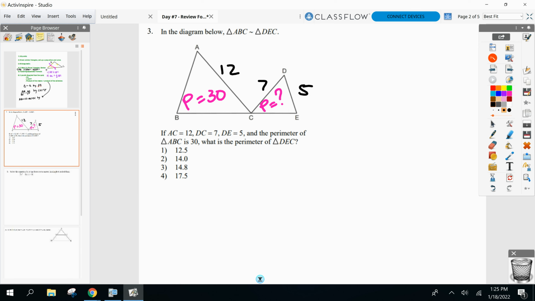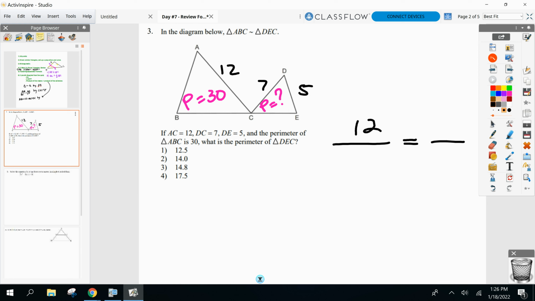One big thing I tried to push this unit, if the 2 triangles are similar, which they are, perimeter ratio is always equal to what? Perimeters are always in the same ratio as the sides. So right now, I know one side in the big triangle is 12. Can you help me match it up with whatever side it corresponds to in the small triangle? Is it 7 or is it 5?